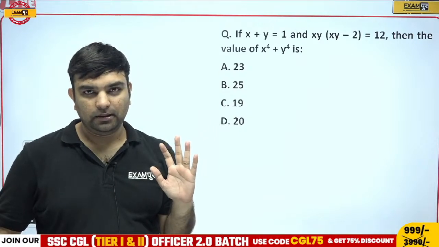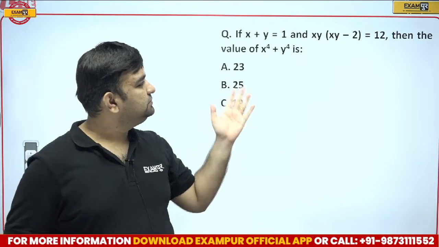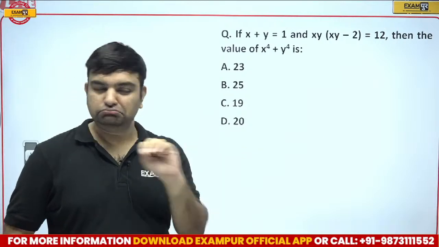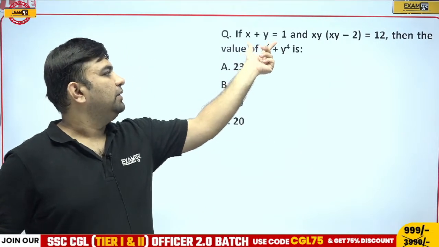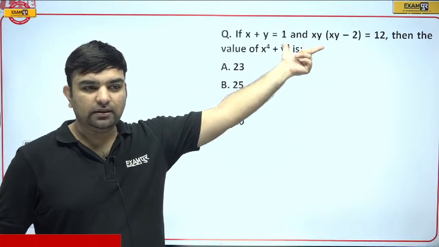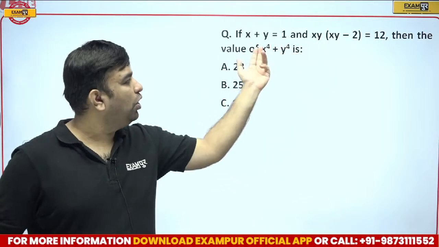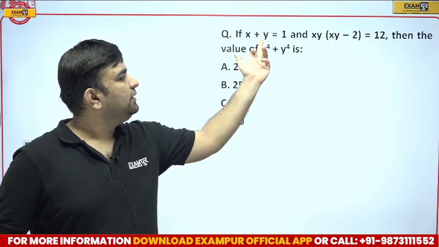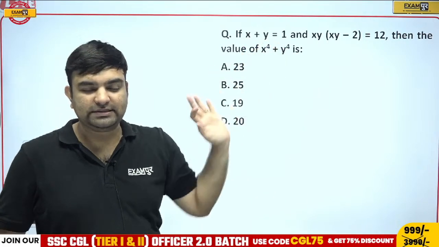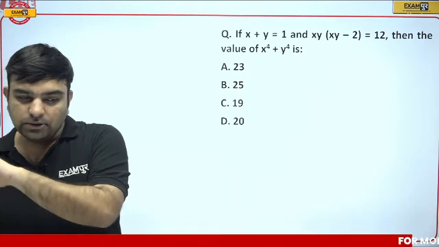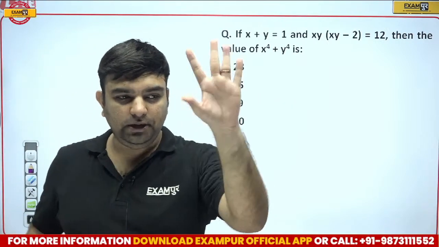Okay, so just do it systematically. No other option, because neither can you assume the values, nor will 1 by 2, 1 by 4 or any values satisfy this. So no choice, guys, other than doing it.